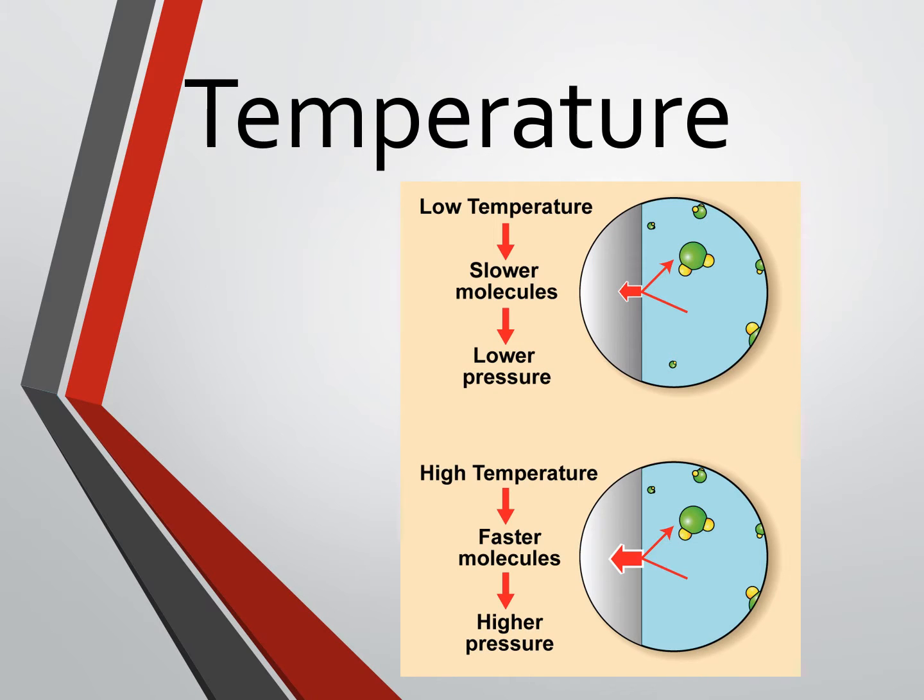So just to summarize again, when we have low temperatures, cold temperatures, the molecules will move slower and we have lower pressure, as opposed to if we have high temperatures, very hot temperatures, the molecules will move faster and we have a higher pressure. That means our kinetic energy here is high, while kinetic energy at low temperatures is low.